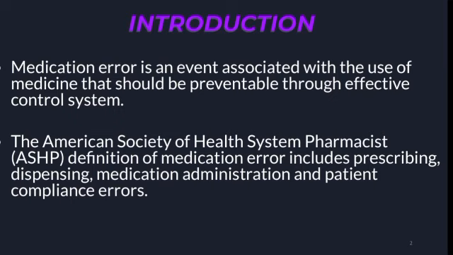So medication error means an event associated with the use of the medicine that should be preventable through an effective control system. The American Society of Health System Pharmacists definition of medication error includes prescribing error, dispensing error, medication administration, and patient complaints errors.